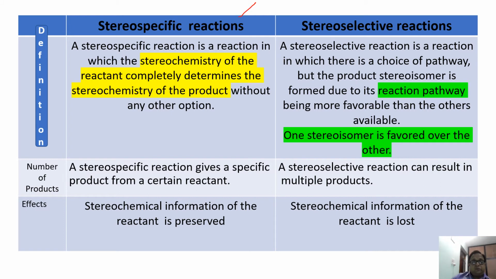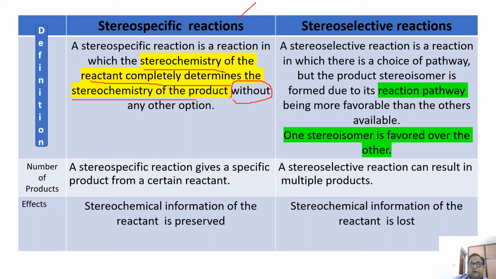Stereospecific reactions are reactions in which the stereochemistry of the reactant completely determines the stereochemistry of the product without any option. That means what product will be formed depends totally on the stereochemistry of the reactant.